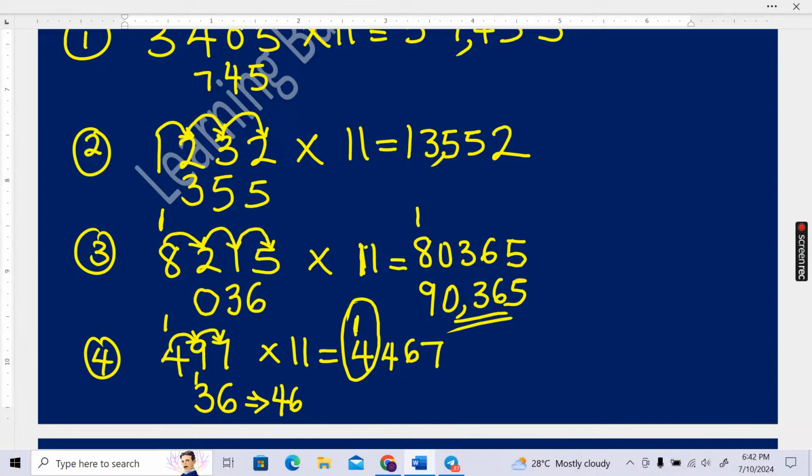Don't forget to add the one that you carried over to 4. So when I add it to 4, I'll be having 5,467. So 497 times 11 is equal to 5,467.